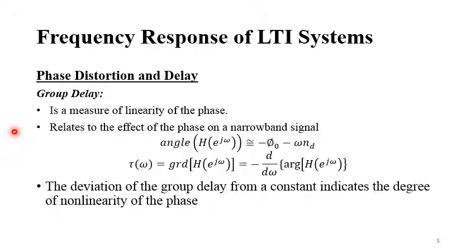So when we take the derivative, if something is linear, then we get a constant value, right?